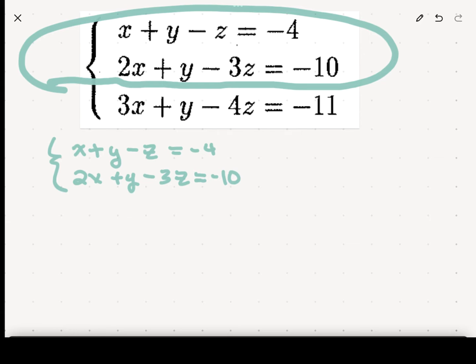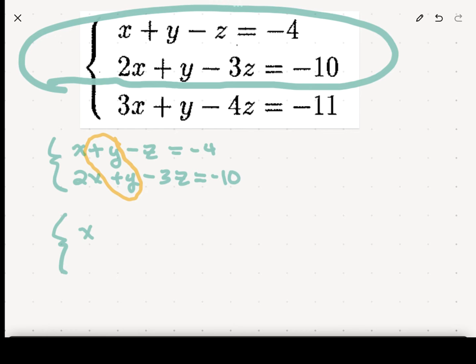I see that my y terms both have the same leading coefficient, 1, and the least common multiple of 1 and 1 is obviously 1. So I am going to multiply equation 2 by -1 and leave equation 1 alone.